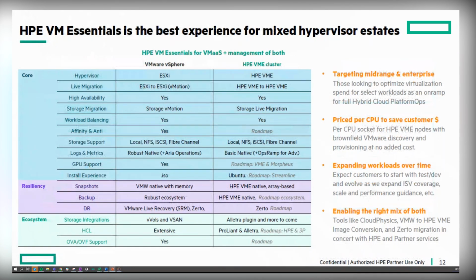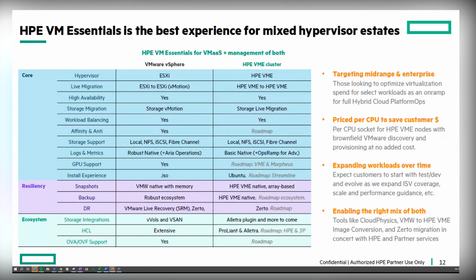From a feature perspective with HPE VM Essentials, I know Sam will showcase more of these throughout the demo, but just from a brief overview, as you can see, we do have a number of items that are still on the roadmap for VM Essentials, which are all due to be added within 2025.